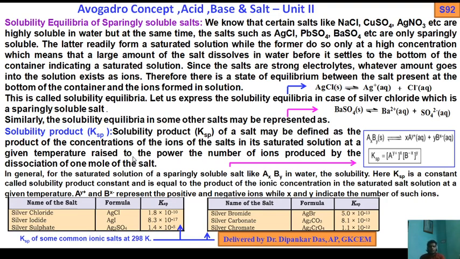So what is the solubility product? The solubility product Ksp of a salt may be defined as the product of the concentration of ions of the salt in its saturated solution at a given temperature raised to the power the number of ions produced by the dissociation of 1 mole of the salt.